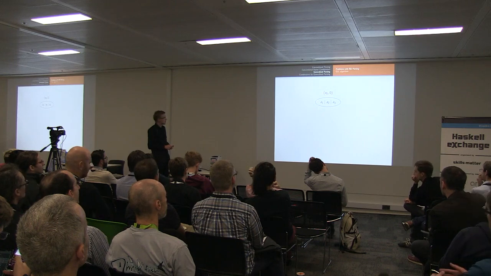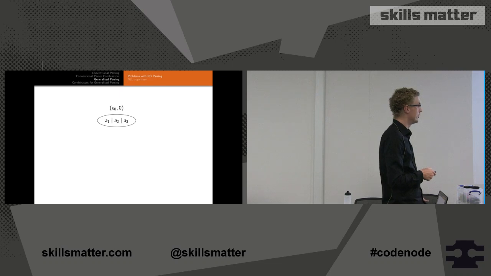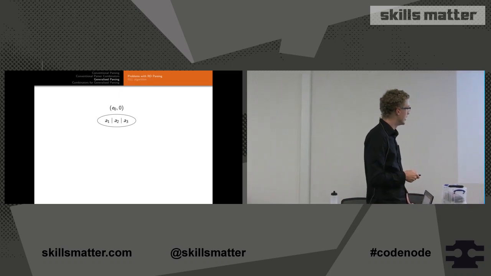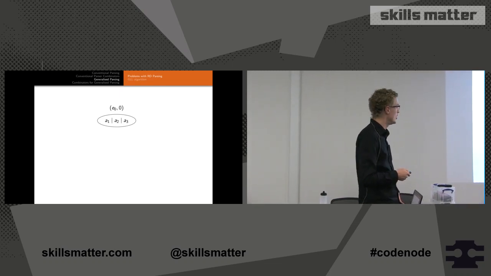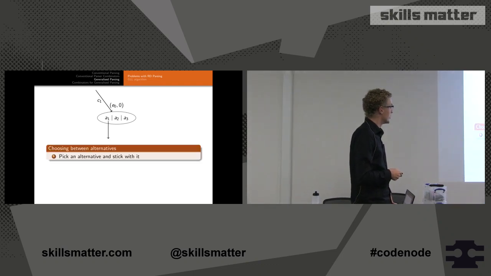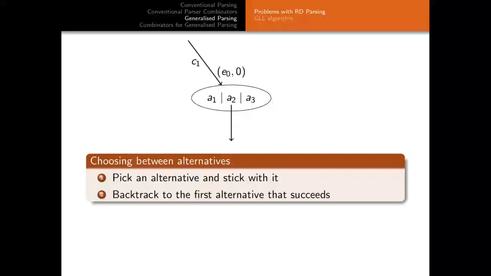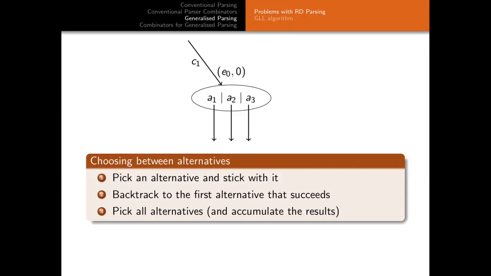Right, so this is a parse function for some non-terminal E0 that has to choose between alternatives A1, A2, and A3. As I mentioned, I discussed these 3 options: we can either pick an alternative and stick with it, or we can backtrack to the first alternative that succeeds, or we can try all of them and somehow accumulate the results.